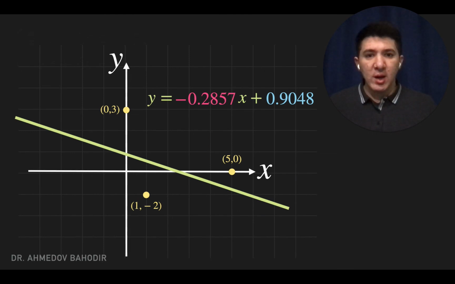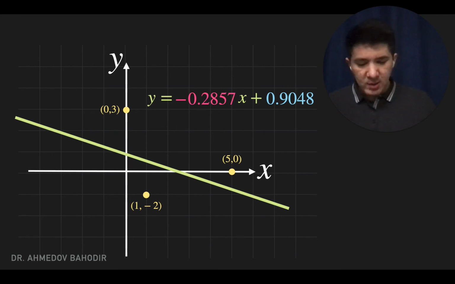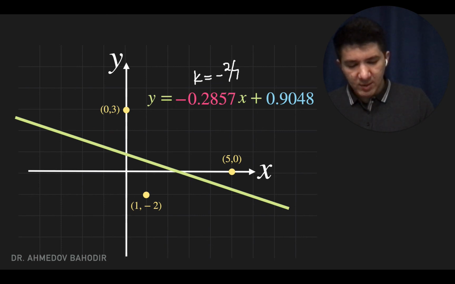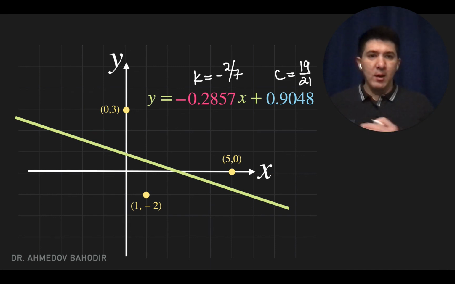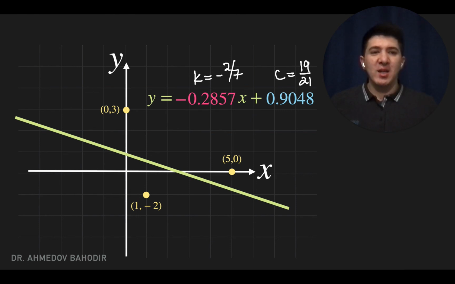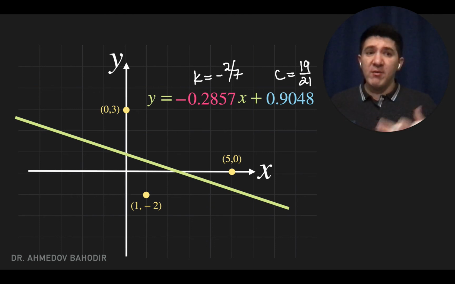So our line, which is going to fit our data, these 3 points, is going to be minus 2 over 7 times x plus 19 over 21. Okay, so this is how we are going to solve the least squares problem using calculus tools, or basically by minimizing the functionals.